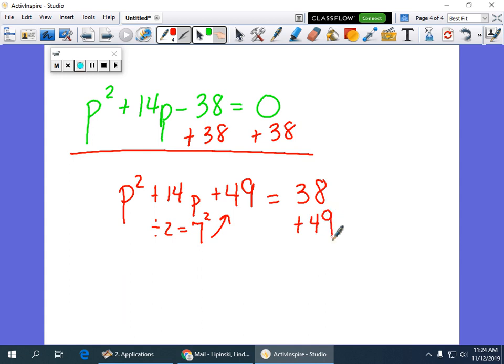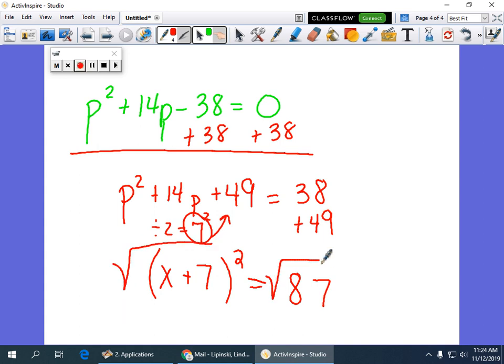Now let's go ahead and factor this. It's going to be p plus 7 squared. That was my magic number. Equals 87. Okay? Square root it.